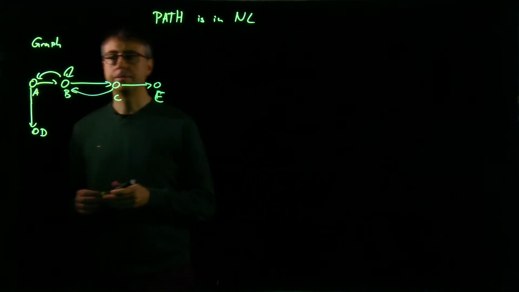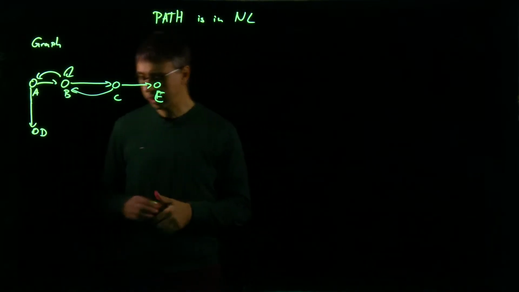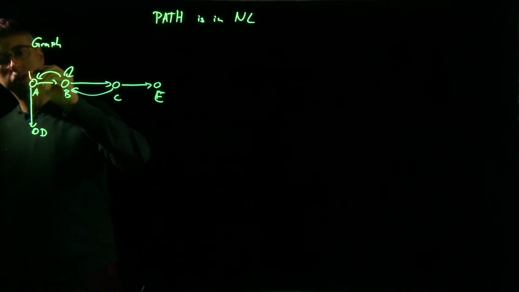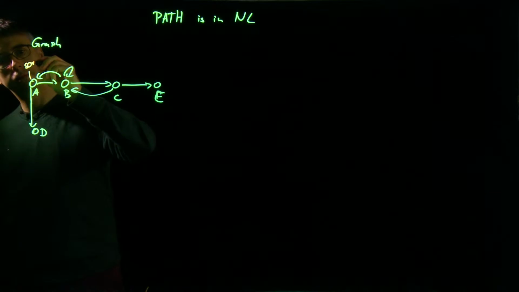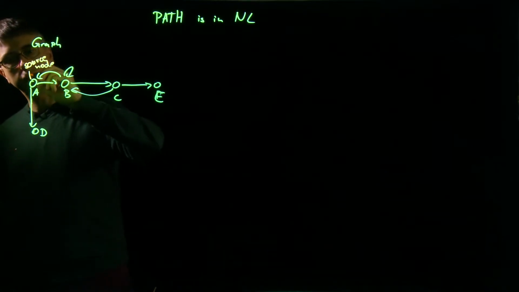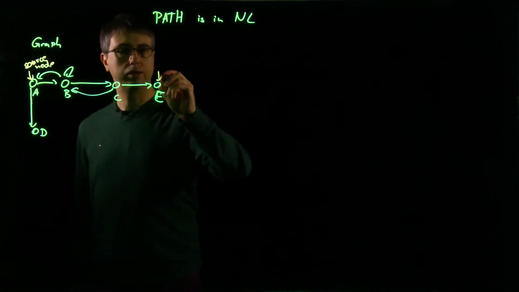So you have a given number of nodes and a graph and edges, and you have one source node. Let's say it's this one here, and you have a target node.